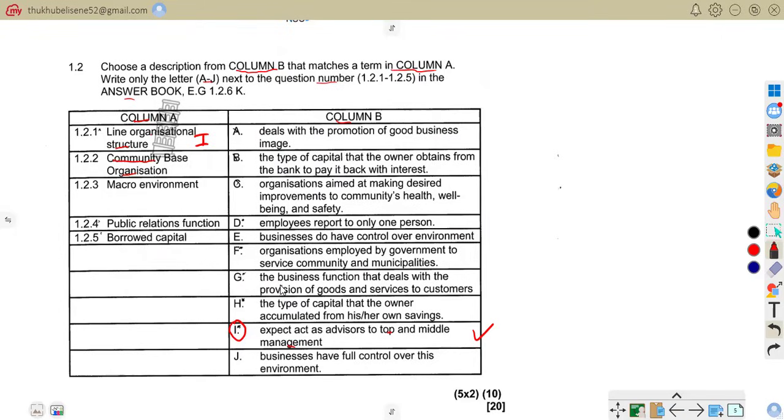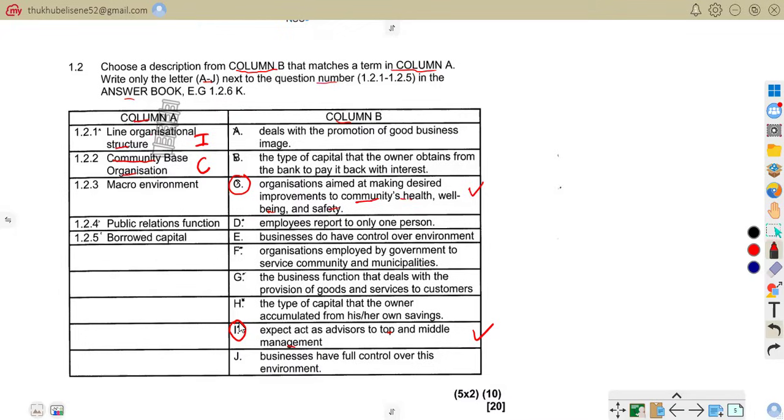You can see that C matches that. As it says, organizations are aimed at making desired improvements to communities' health, well-being, and safety. So that is that.